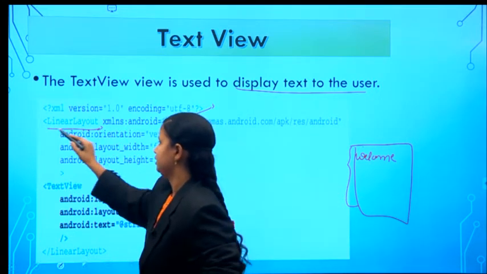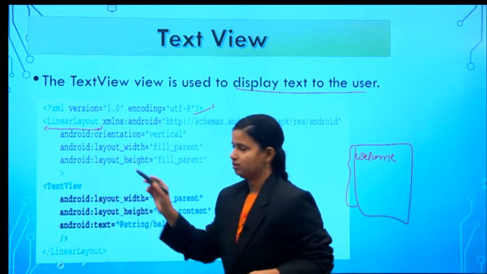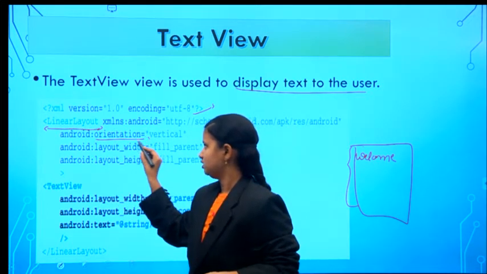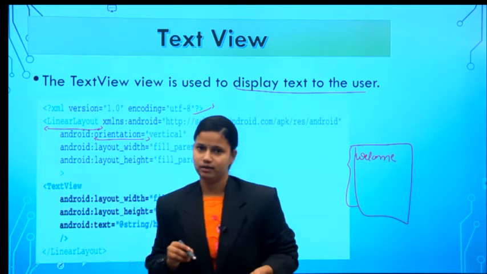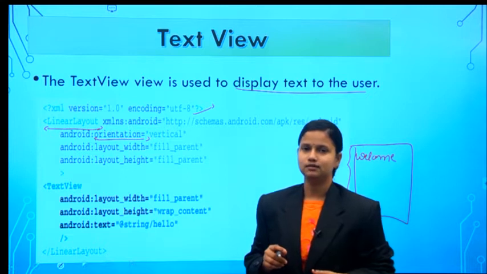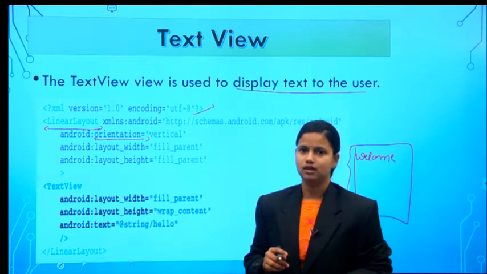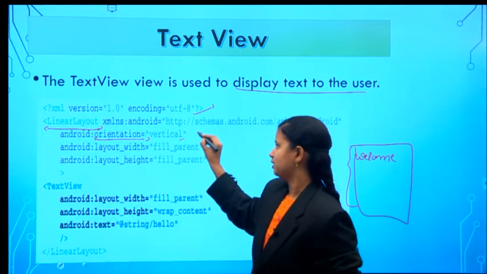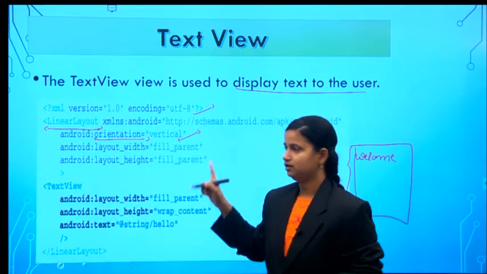Within this linear layout, what are the different properties we have to mention? It is the orientation. What is this orientation property? The main thing is that it arranges your views either vertically or horizontally, either single column or single row. We have to specify this property. This is a main property in the linear layout.